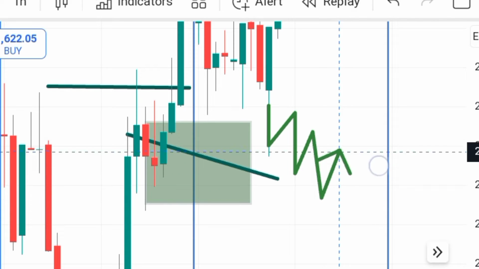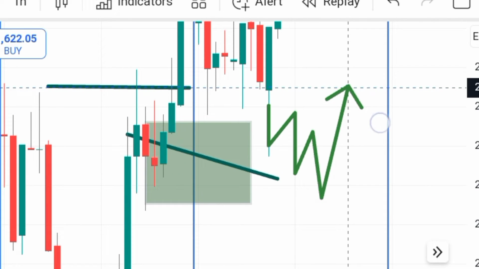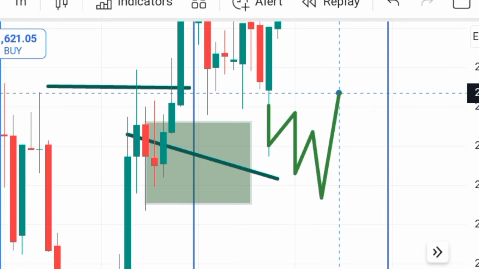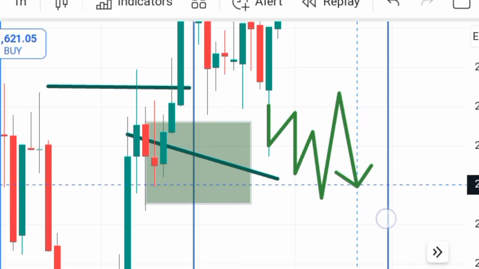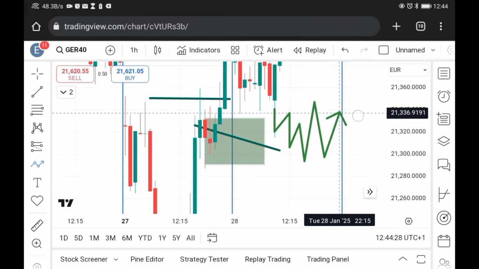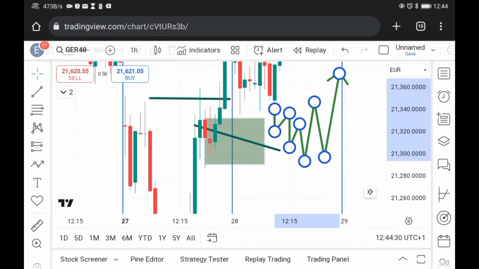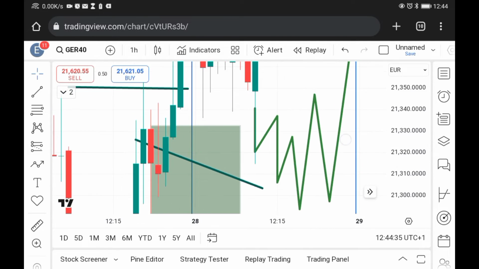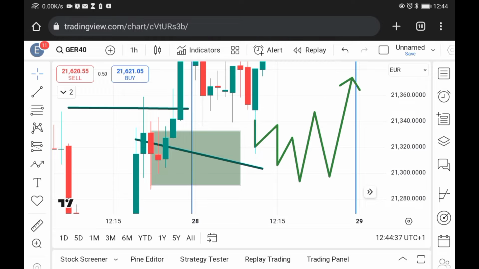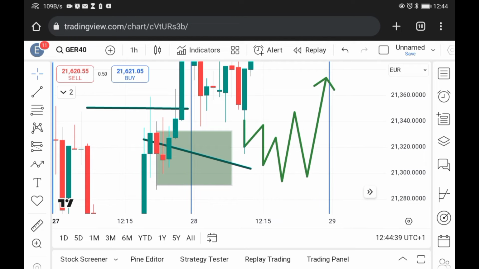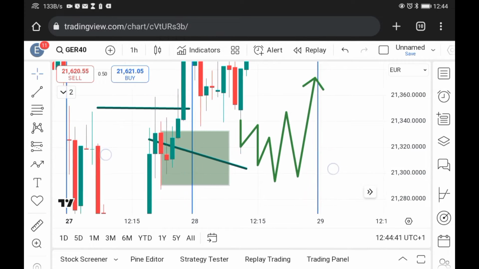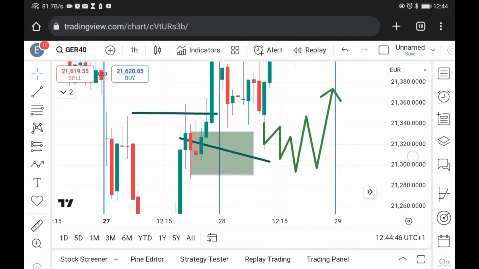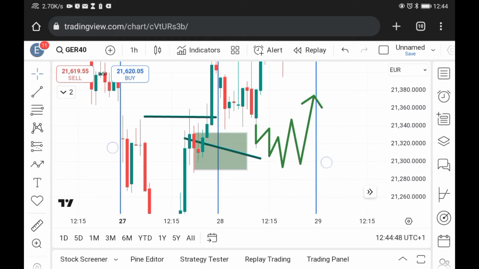And I would like to see something that breaks this high here to the upside, which tells me that the market has changed its trend to the upside. So whatever I'm doing, I'm going to take a buy trade, not a sell. So anything that is breaking structure to the downside is not what I'm looking at. I'm only looking at anything that is breaking structure to the upside, because this is what I want.